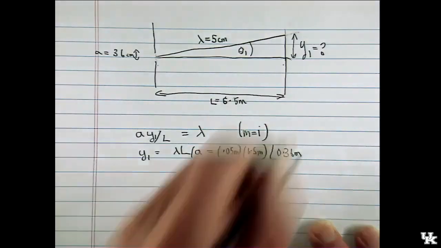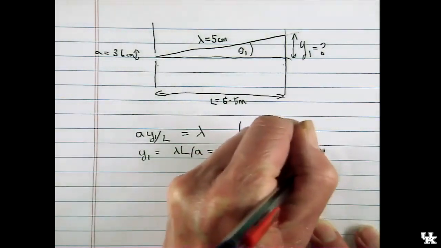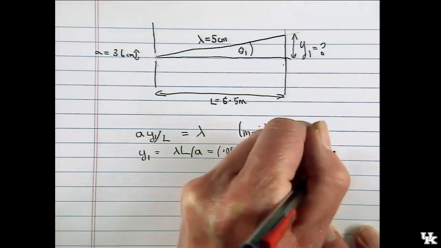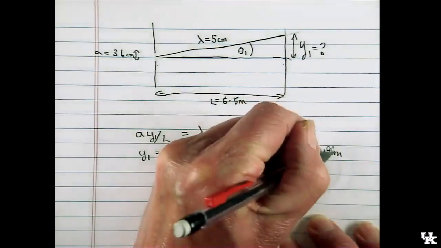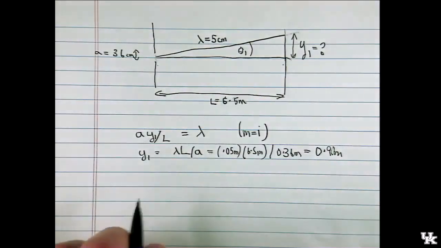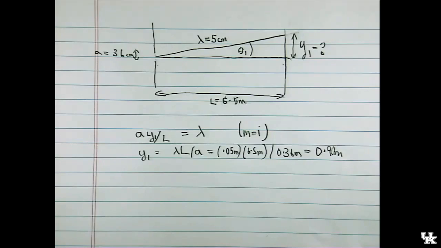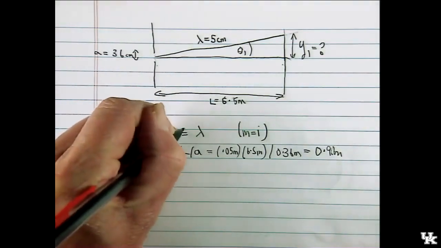If I do this calculation, which I've already done ahead of time, it is 0.90 meters. So there's going to be a dark fringe on the wall behind the window. There's going to be a bright microwave spot in the middle, and then if you walk 0.9 of a meter to the left or right of the center, you're going to see a dark fringe of microwaves where there's destructive interference.